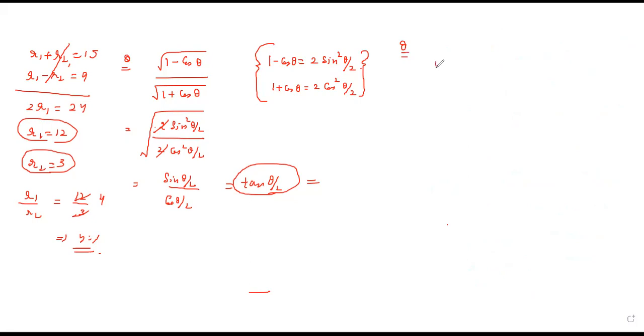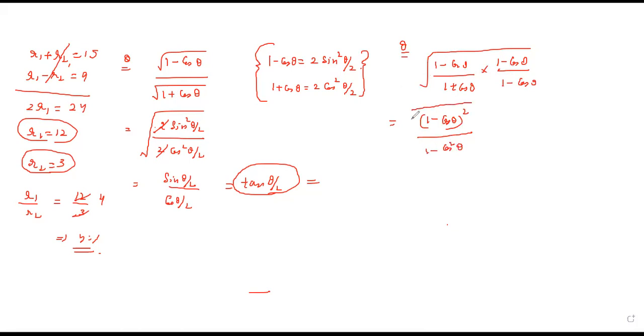Second method: 1 minus cos theta upon 1 plus cos theta. Multiply by 1 minus cos theta upon 1 minus cos theta. I have done the rationalization by changing the sign. Clear? So here you directly see 1 minus cos theta whole square upon 1 minus cos square theta, a minus b, a plus b.